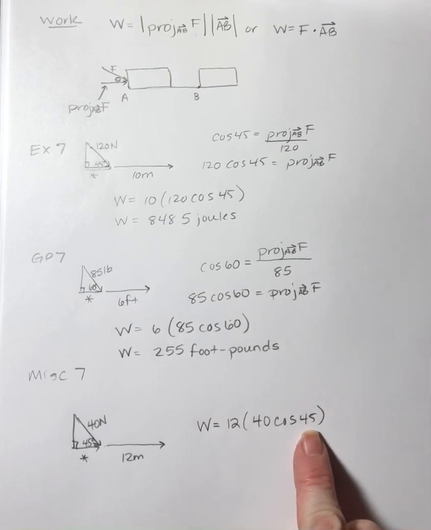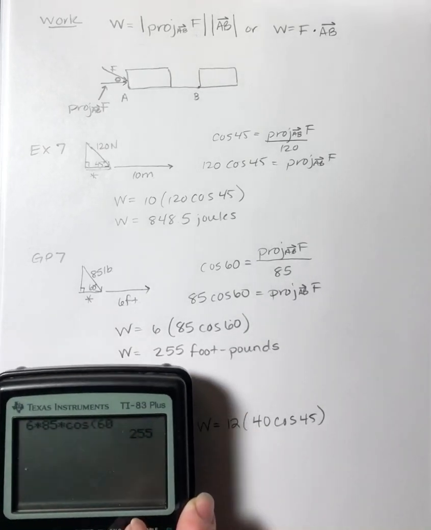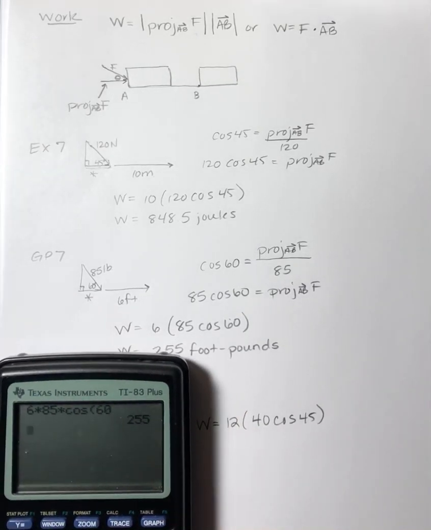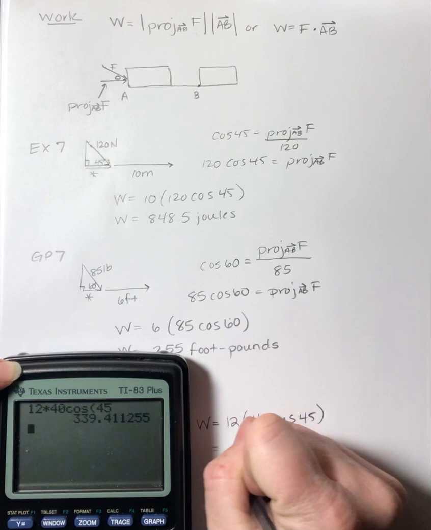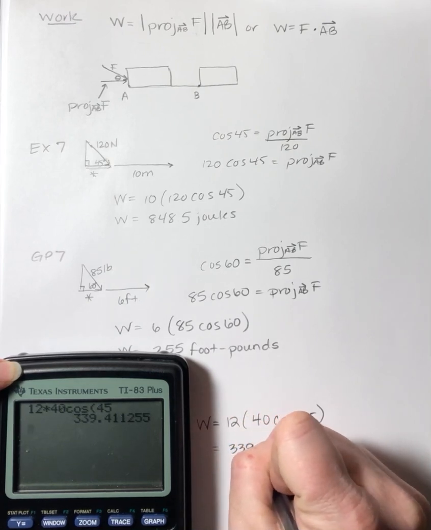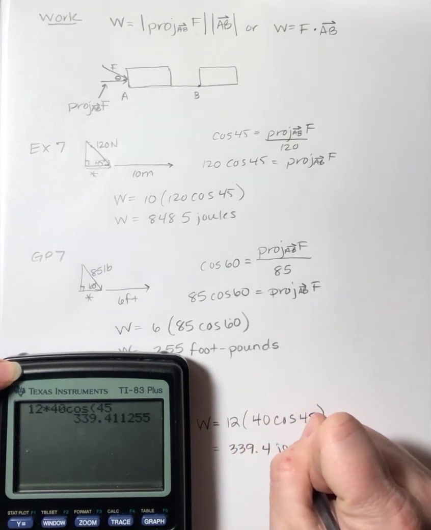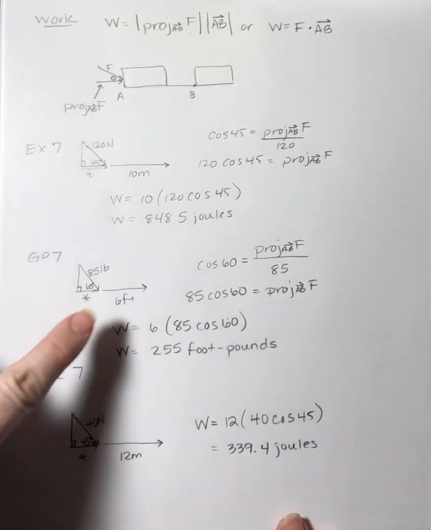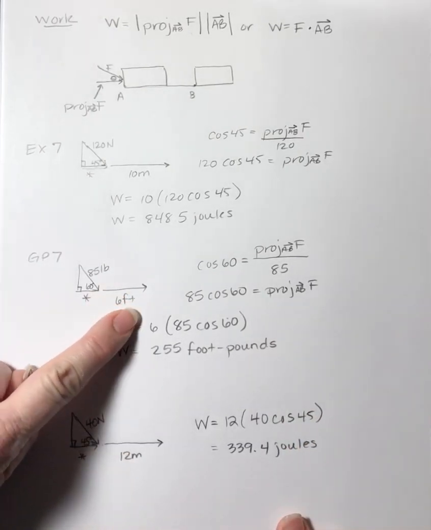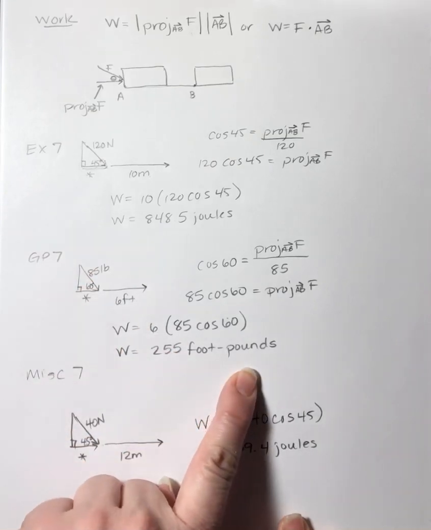Again, cosine of 45, square root of 2 over 2, not nice. So I'm just going to plug it in the calculator. And I'll get 12 times 40 cosine of 45, 339.4 joules. So notice when this is in feet and pounds, it's called foot-pounds.